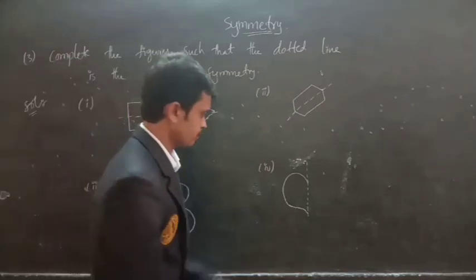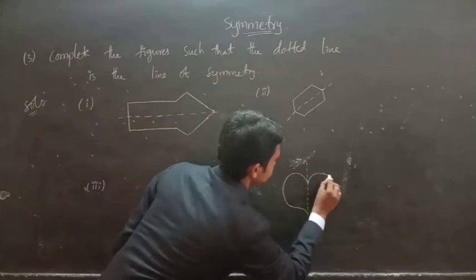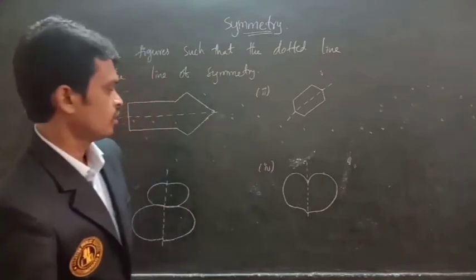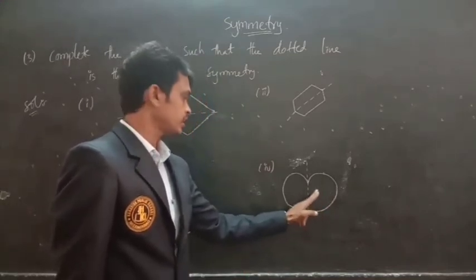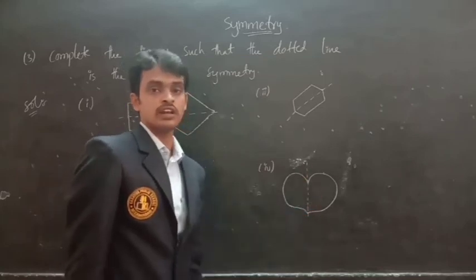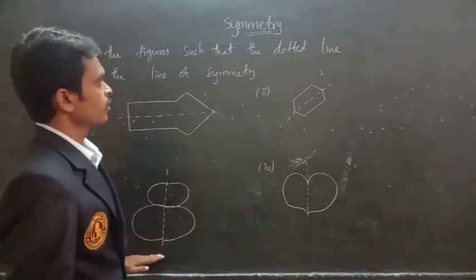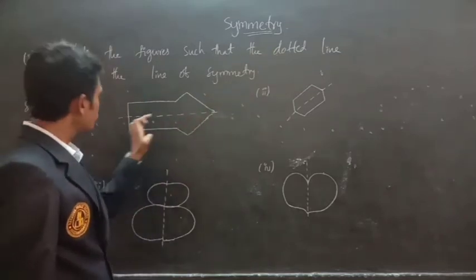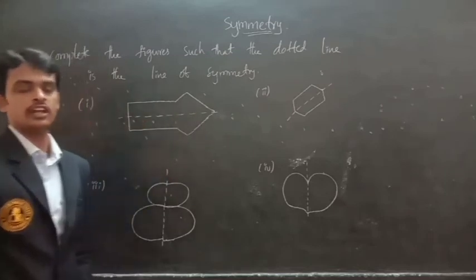Like the fourth one, like this we should draw. So these two parts coincide with each other. Then this figure is a symmetrical figure. Like this we should complete the figures, imagining the dotted line as a line of symmetry.